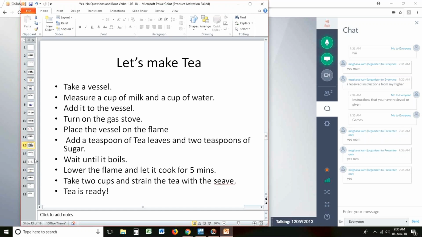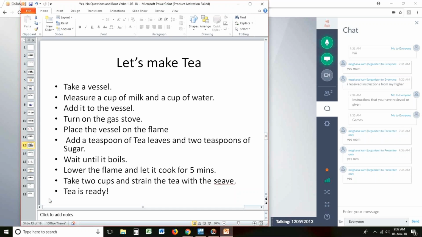What do you first do? You take a vessel, and in that vessel you measure a cup of milk. And so let's consider that you're making tea. I am making tea for both of us, you and I. All right. Now, so we need 2 cups of tea. Now, for 2 cups of tea, I will need a cup of milk and a cup of water.